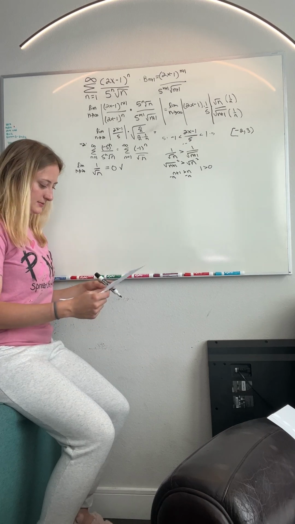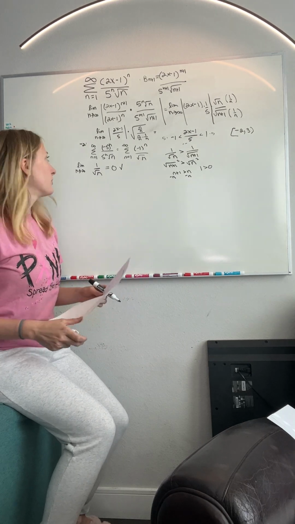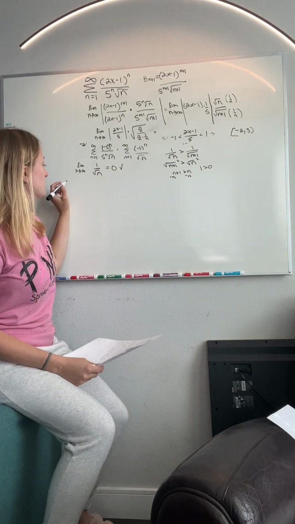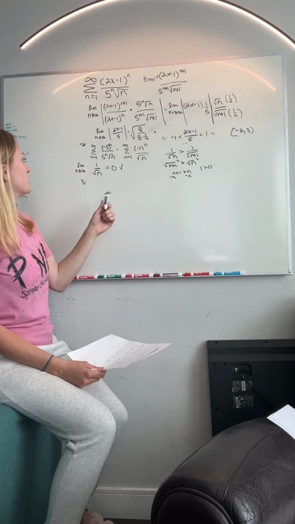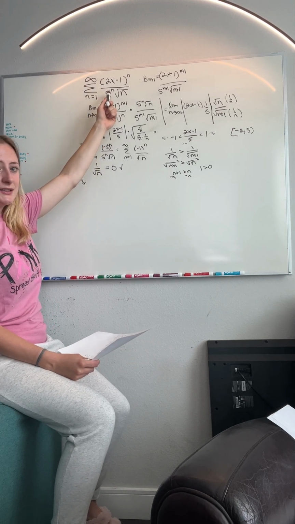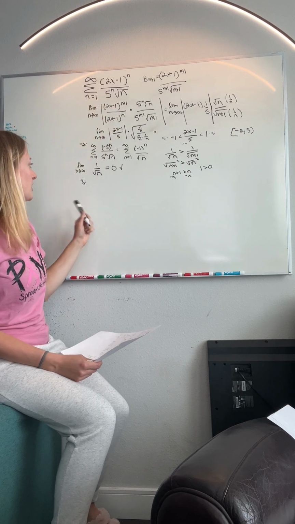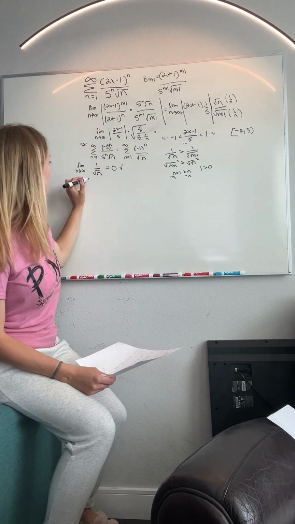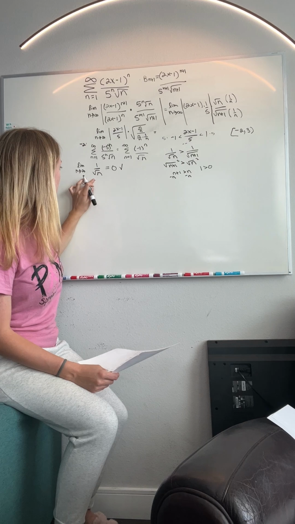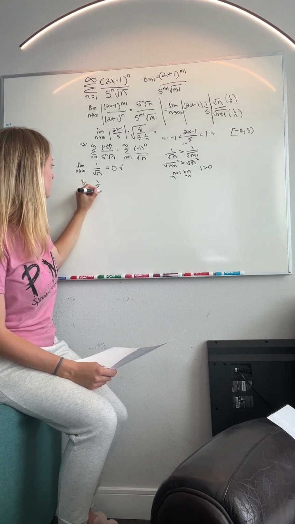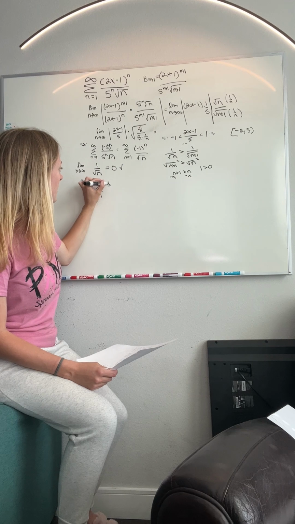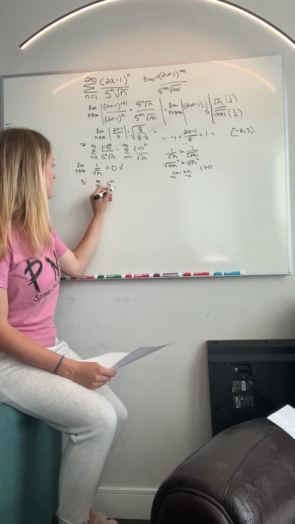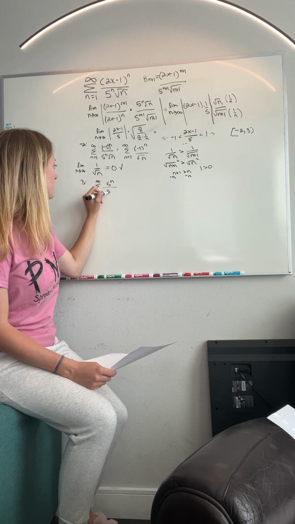Let's see. Let's do the same for 3. Okay, 3. So 2 times 3 is 6 minus 1, which is 5. Okay, so this is 5 to the n over 5n root n.